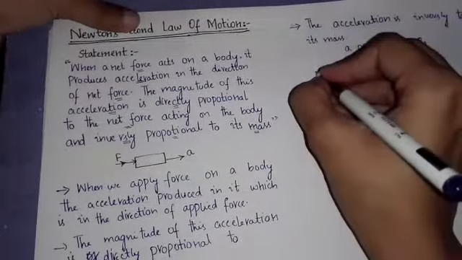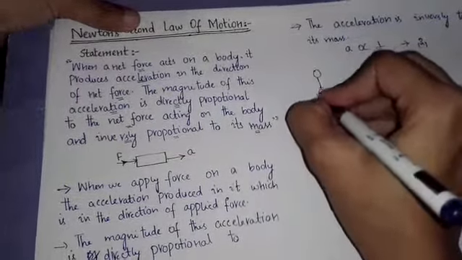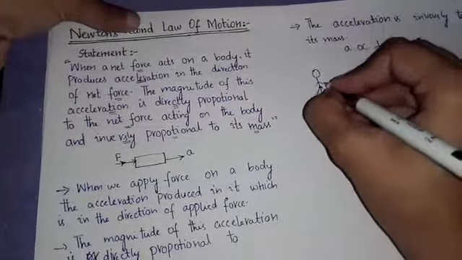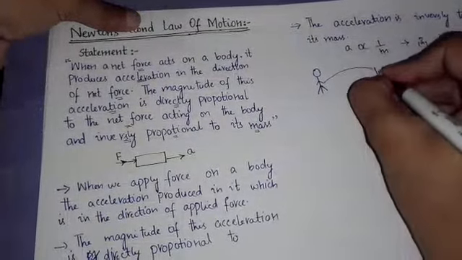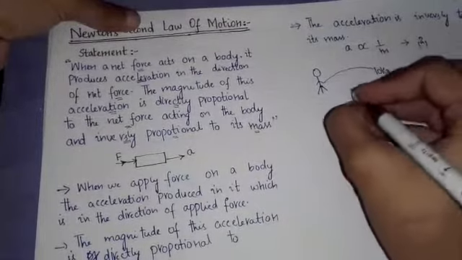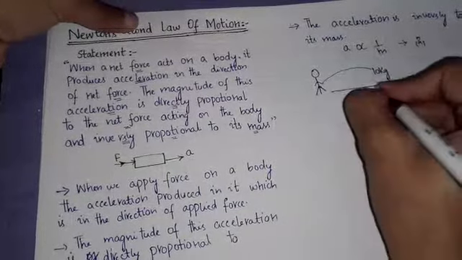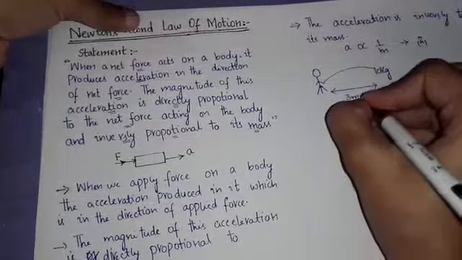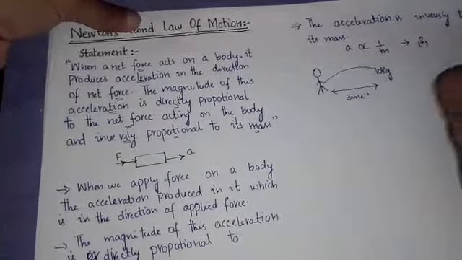For example, if a person throws a mass of 1 kg, let's say 10 kg, then it covers an acceleration of almost 3 meters per second square.